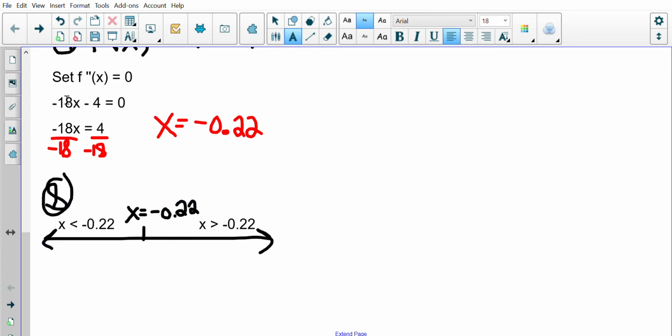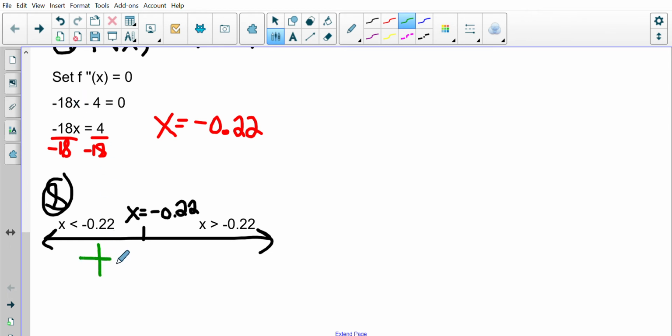So again, I'm looking at my double derivative here, -18x minus 4. A number less than -0.22 would be -1. So -18 times -1 would be +18. And so on this interval, my double derivative is positive.